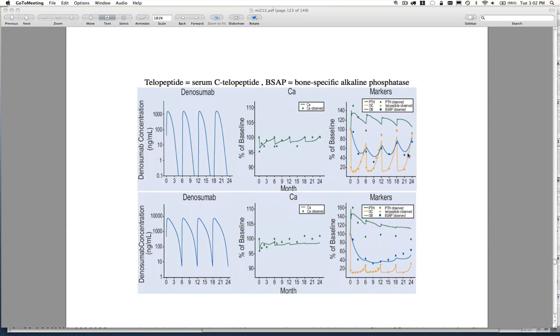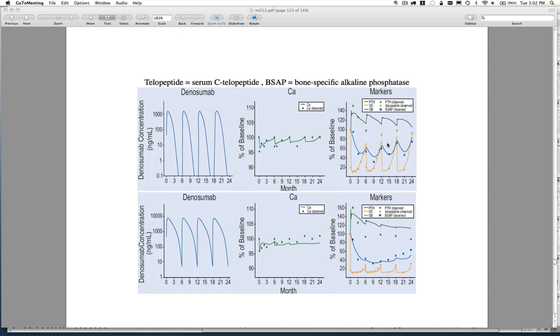Now, one thing you'll notice is when you look at these osteoclasts, you can start to see a little bit of a rebound occurring. When we took this model, we simulated it out and asked, what happens when you stop dosing altogether?